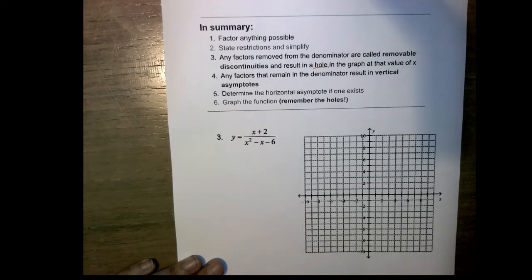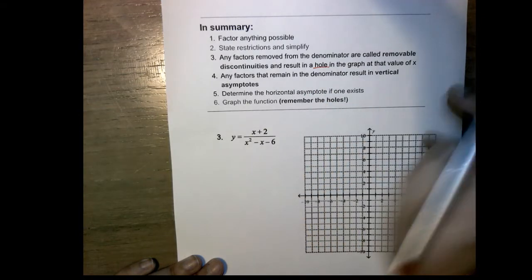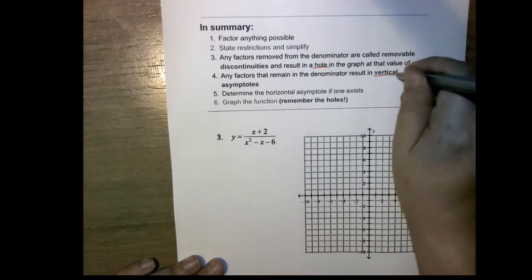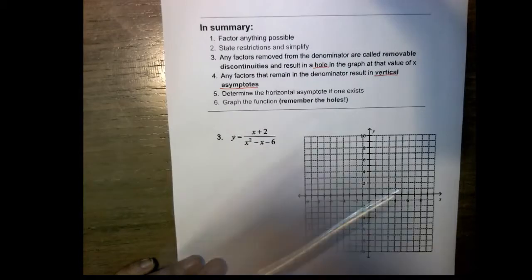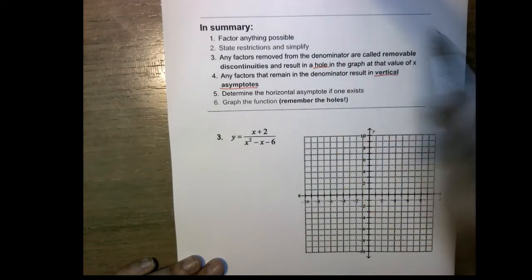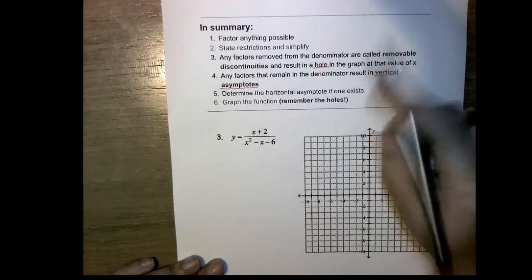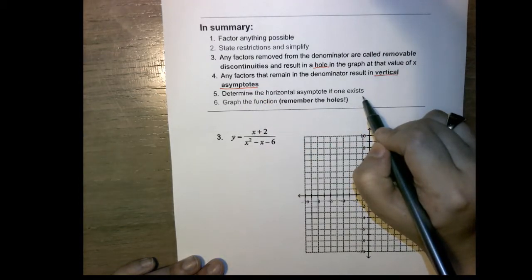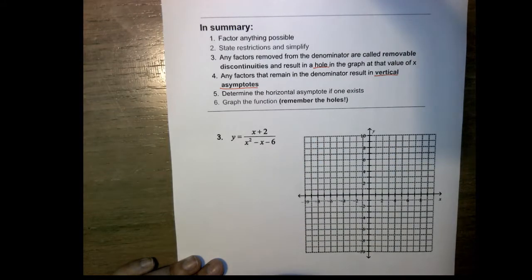And if we have any factors that remain in the denominator, well, that is going to appear as a vertical asymptote, right? So if it's removed, it's a hole. If it stays, it's a vertical asymptote. And then we get to determine what the horizontal asymptotes are if they exist, and then we graph the remaining function. And don't forget the holes as well.